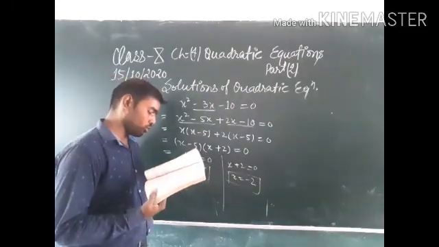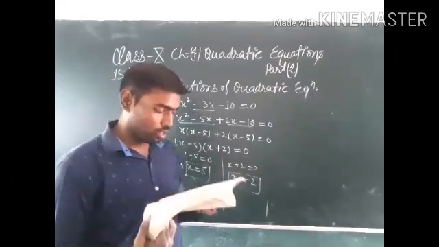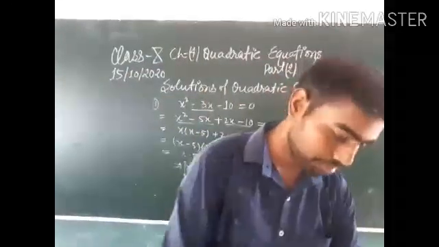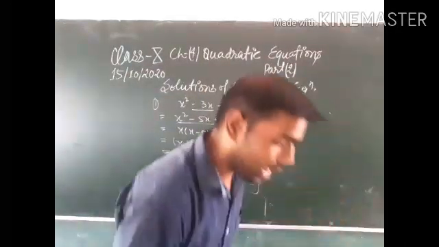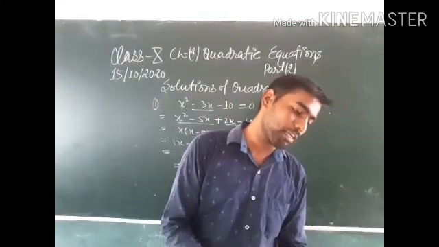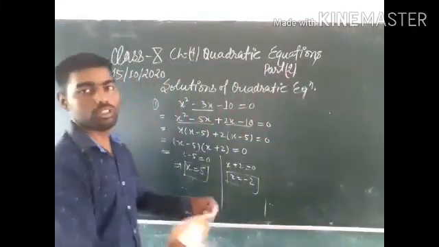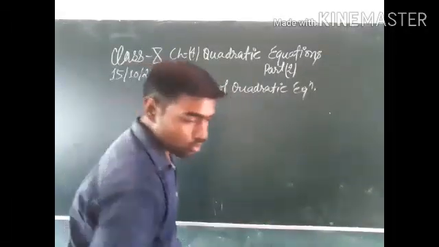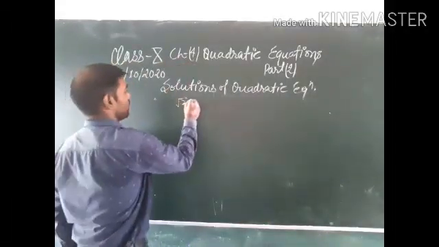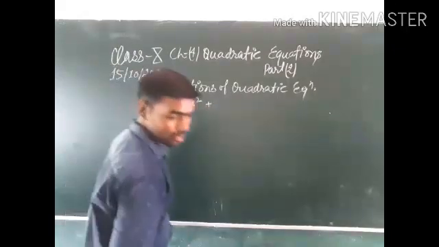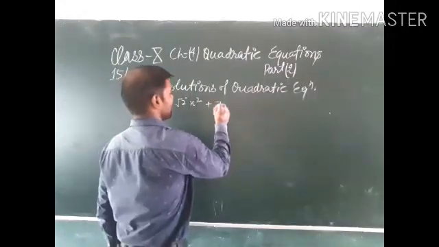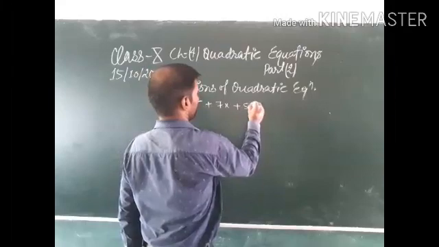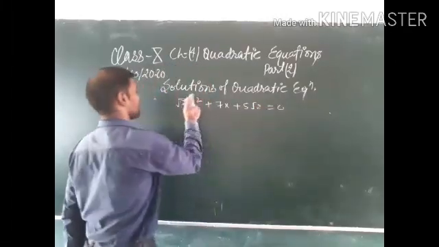Now we solve question number 3: root 2 x square plus 7x plus 5 root 2 is equal to 0.